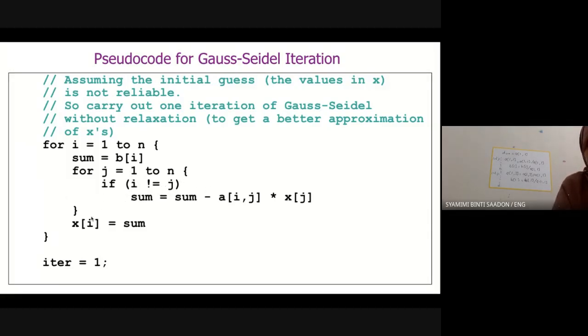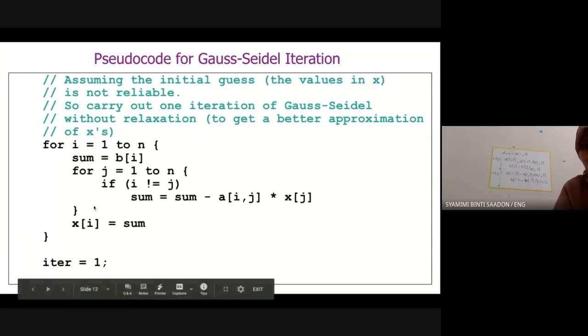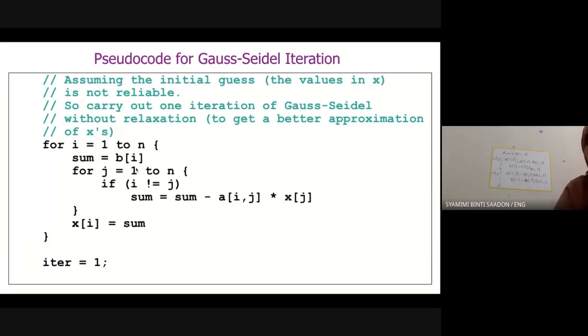Okay, directly we exit the loop and continue with j2. So j1 we won't proceed. Okay, because it's stated here, if i is different than j. If only i is different than j, then we do the sum. If i is equals to j, then we exit the loop, and look for another j. Okay, so when j equals to 2, i1, j2, then we can proceed with this if statement.